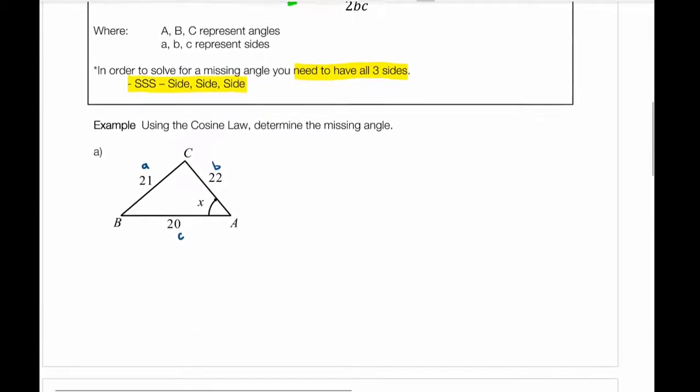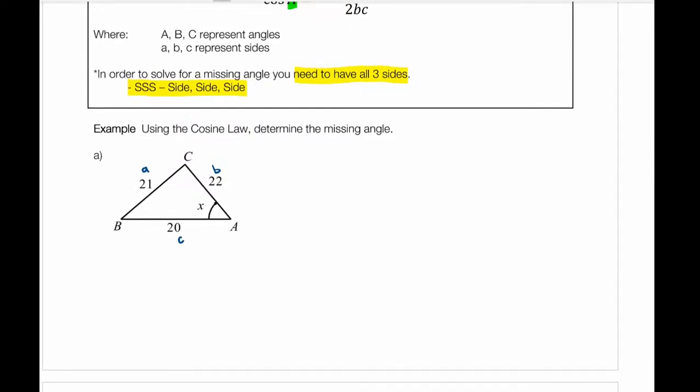So in this first example, we're going to use cosine law to find our missing angle. We can see that we have all three sides and one missing angle. So I don't have enough information to use sine law. So now what I'm going to do is use cosine law.